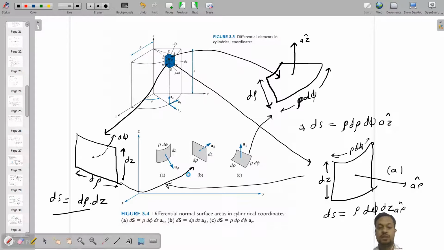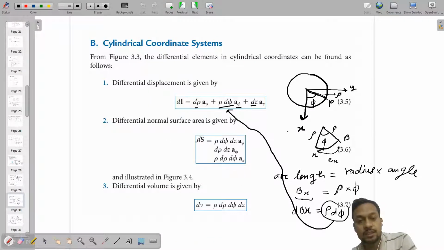So we have three differential surfaces for the cylindrical coordinate system. First is rho d phi dz along the unit vector a rho. Second is d rho dz along the unit vector a phi, and third is rho d rho d phi along the unit vector az.